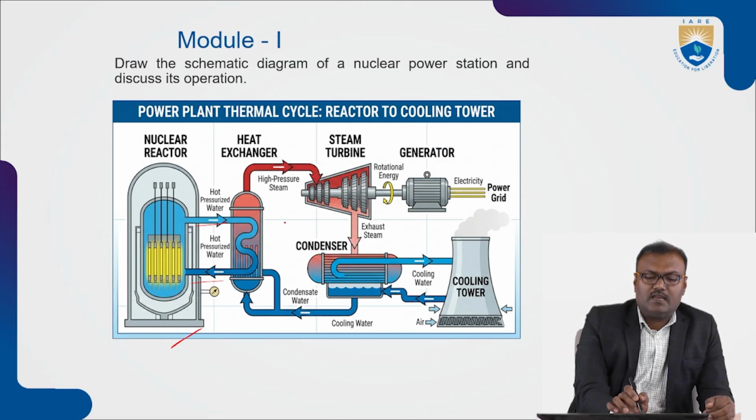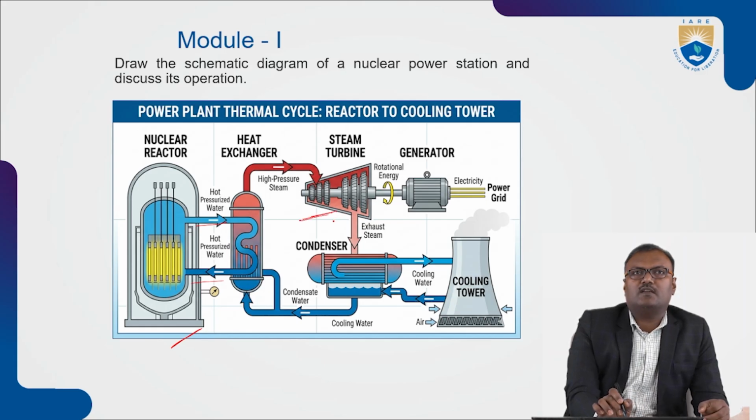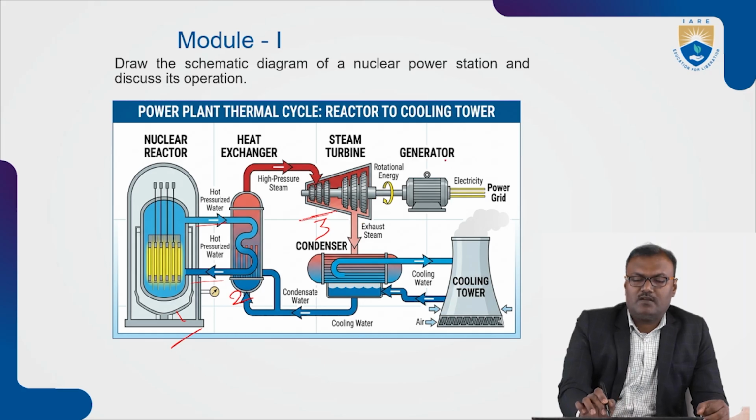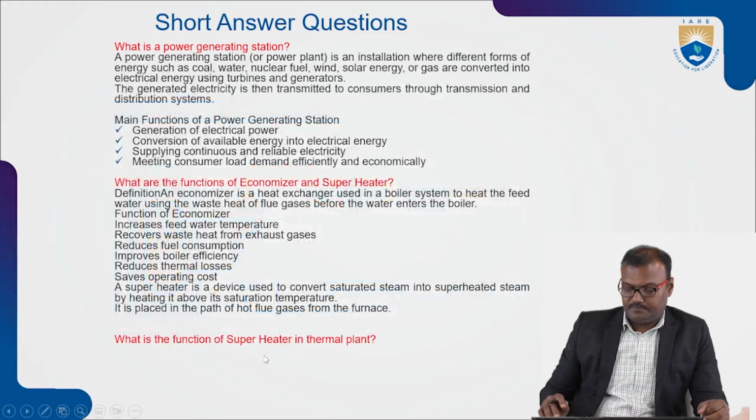That steam is maintained at a high pressure and allowed onto the turbine blades, and the turbine is also one of the main parts in the representation. First part is the nuclear reactor, then heat exchanger, steam turbine, and finally generator. After its use in the steam turbine, the steam is collected at the condenser.